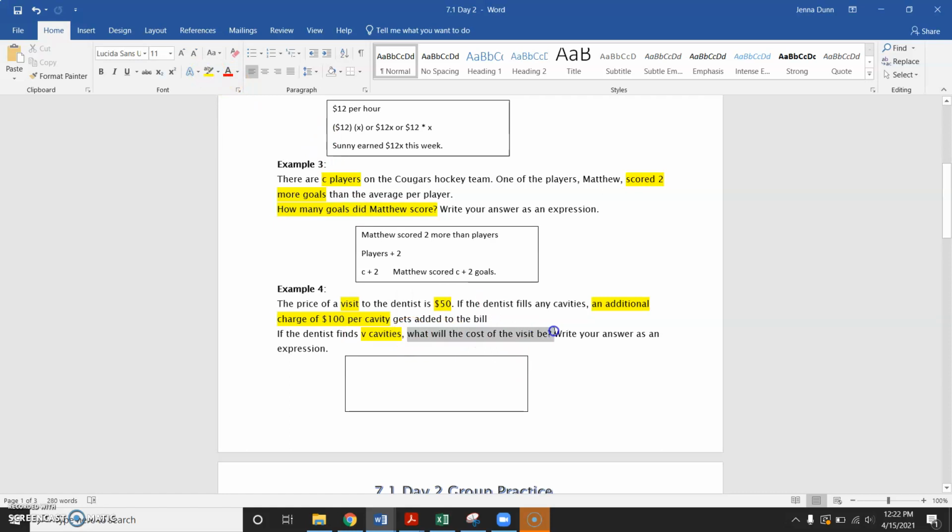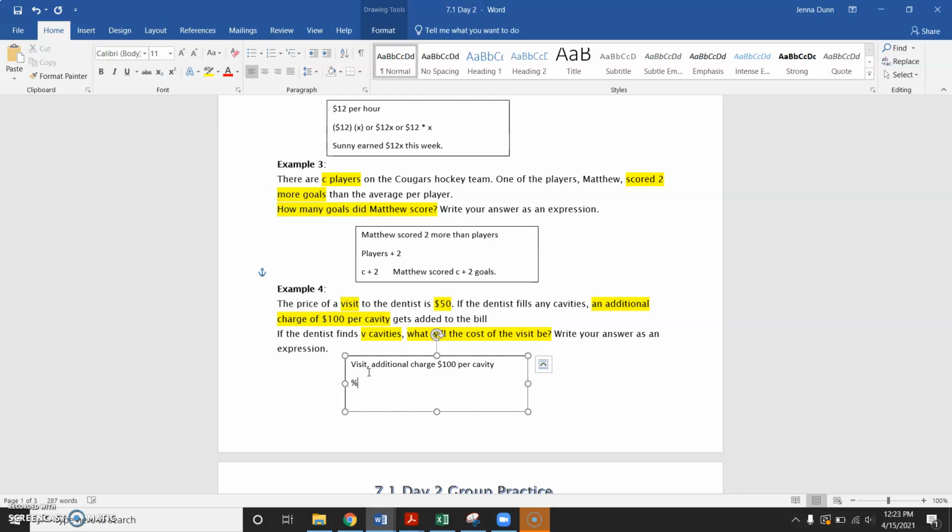What will the cost be? We want to know that. All right, here is what we know. So we have the visit, and then we possibly have an additional charge, $100 per cavity. So I'm just pulling out the words that are important to me, or that I can use.